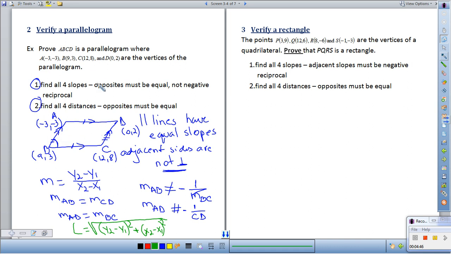Once you go through the two verification steps, you have proven that this quadrilateral is a parallelogram.